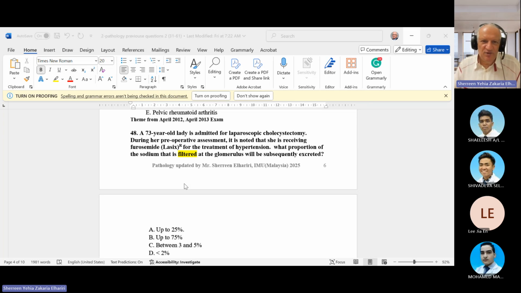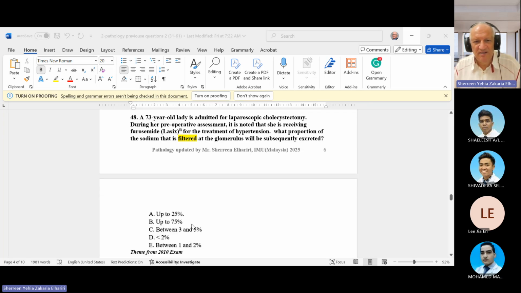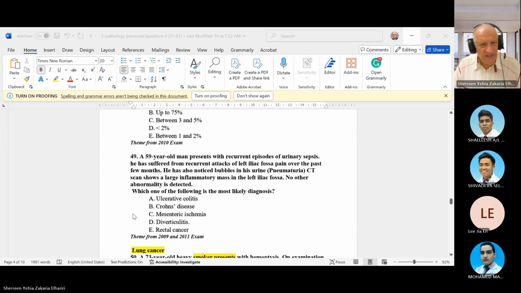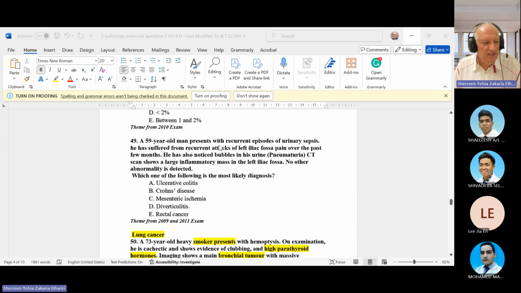Like for example here, the sodium excreted from the filtrate is about 25, because in other parts, sodium goes with water, like in the distal convoluted tubule by the effect of aldosterone, so salt and water retention. The same for glucose, because most of the glucose is also absorbed, but sodium is about 25. The rest of the sodium goes with water under the effect of aldosterone in the distal convoluted tubule. It looks like physiology more than pathology.